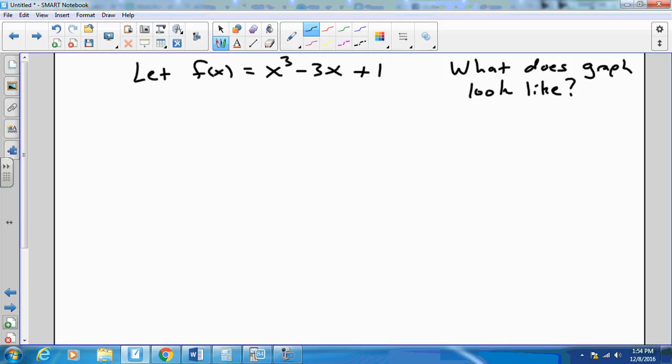Through the magic of calculus and the first derivative, and specifically the sign of f prime theorem, we can get a pretty darn accurate graph just by looking at the sign of f prime. And the way it's going to work is like this. We're going to consider the intervals for which f prime is positive and the intervals for which it is negative. And to find those, we're going to find where f prime is equal to 0.